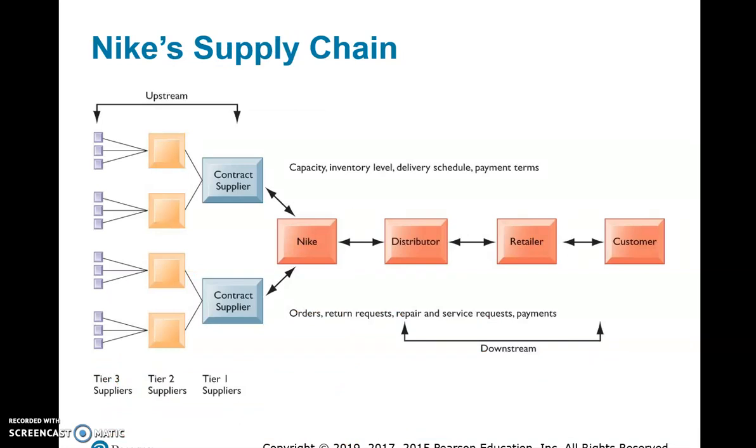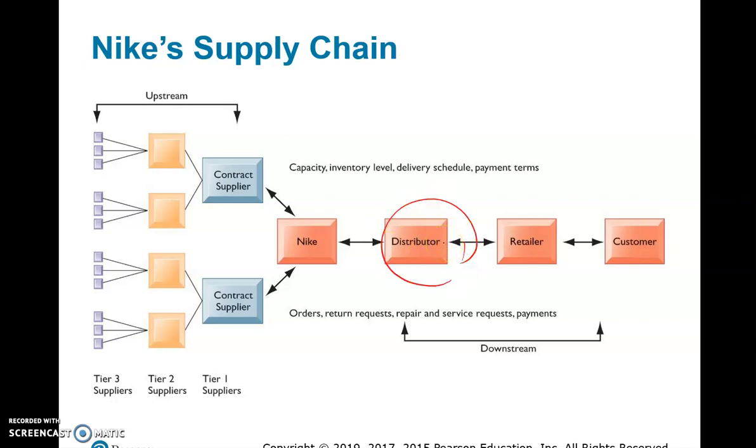So let's look at Nike. Nike's supply chain has a distributor, a retailer and a customer. The customer buys it from a retailer, like any shop in the mall, and that shop gets the Nike product from a distributor.